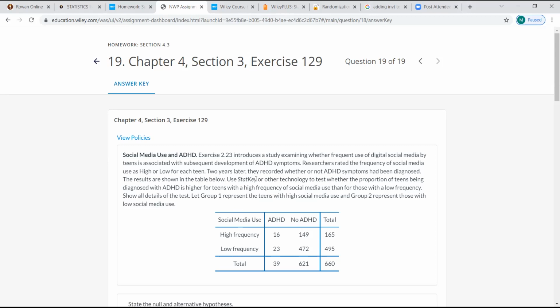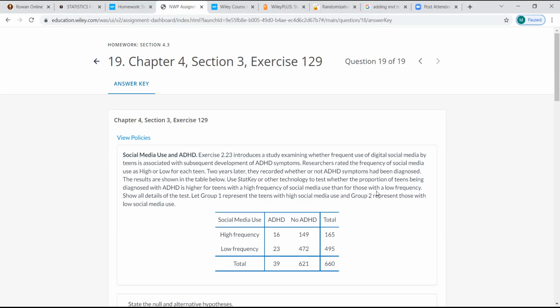Two years later, they recorded whether or not ADHD symptoms had been diagnosed for those students. This is the result here. And you have to test whether the proportion of teens being diagnosed with ADHD is higher for teens with higher frequency of social media use than for those with lower frequency.